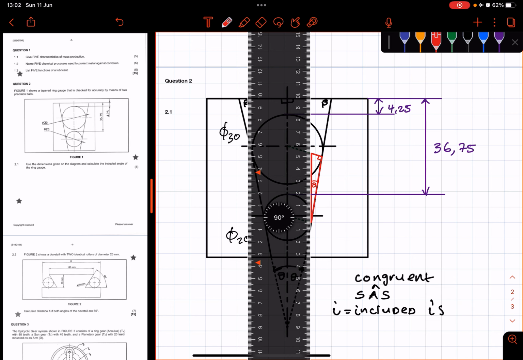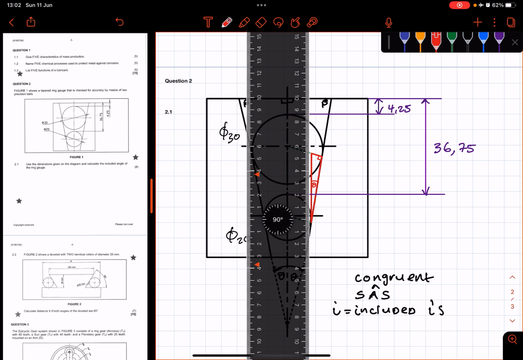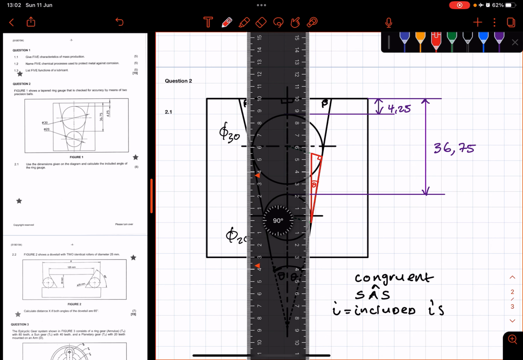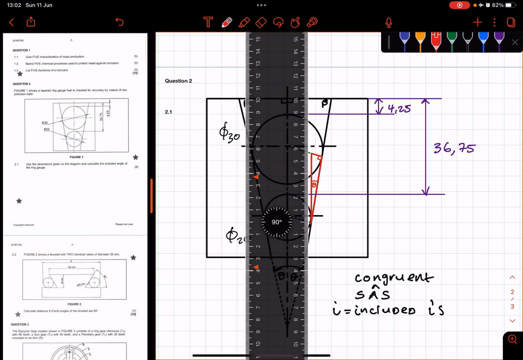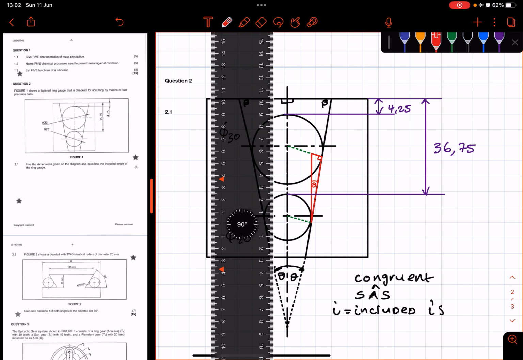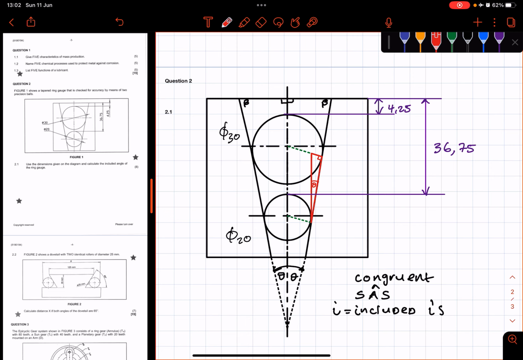Now instead of going all the way up, we're just going to draw a line from the one radius to the other radius. If you draw a line from the bottom radius to the radius at the top, you inadvertently get the orange right angled triangle.